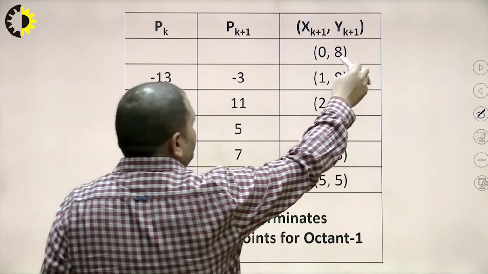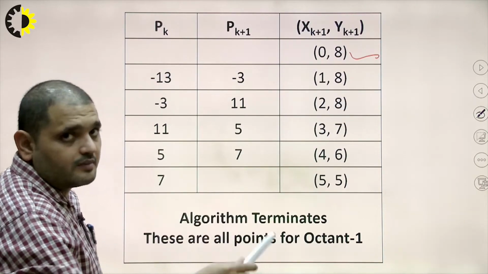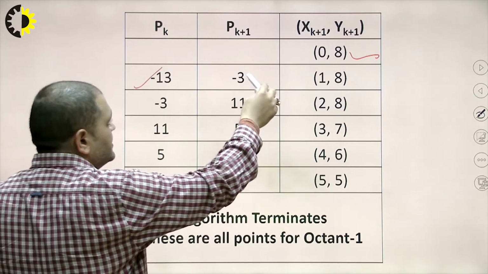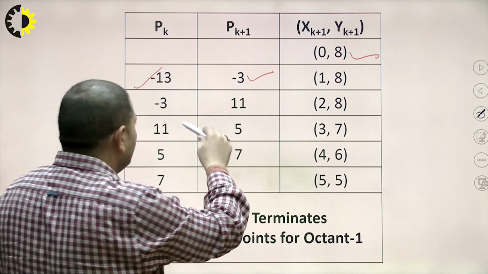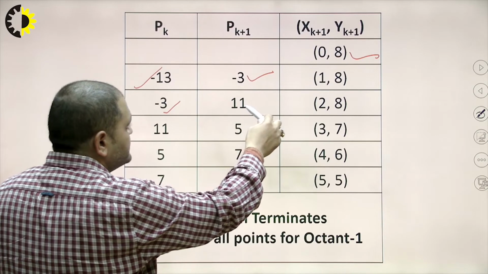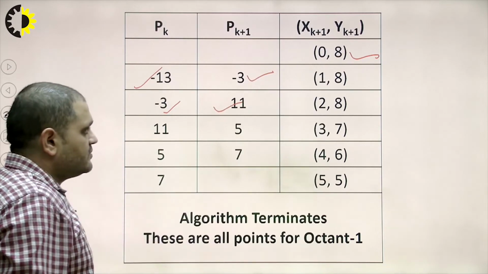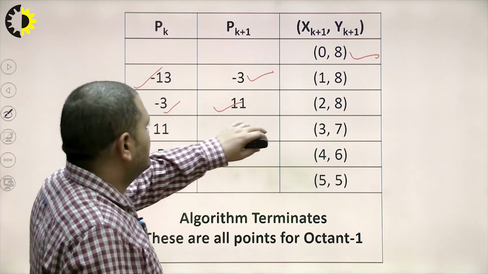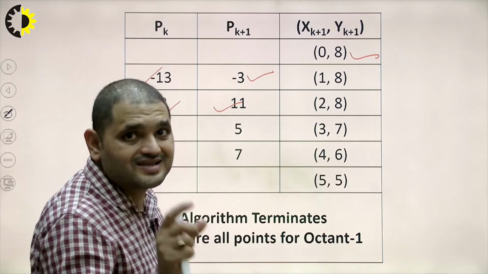Okay, we are finding out the values of an octant. Starting with 0, 8, first we found the decision parameter minus 13, the next decision parameter was minus 3. Then taking minus 3 as the initial decision parameter, we calculated the next decision parameter, which was 11.